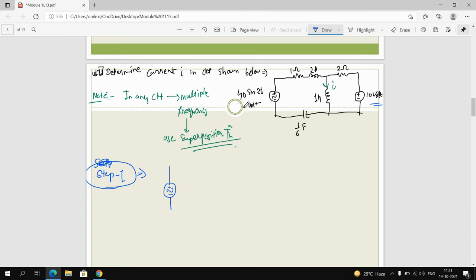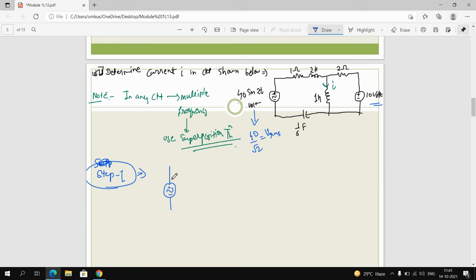Okay, so in that case you can use the Vm, or you can also use the rms value. Here I am using the maximum value. Or you can directly use the rms value, that is Vm by root 2, which is equal to Vrms. Okay, and put that value in this form.